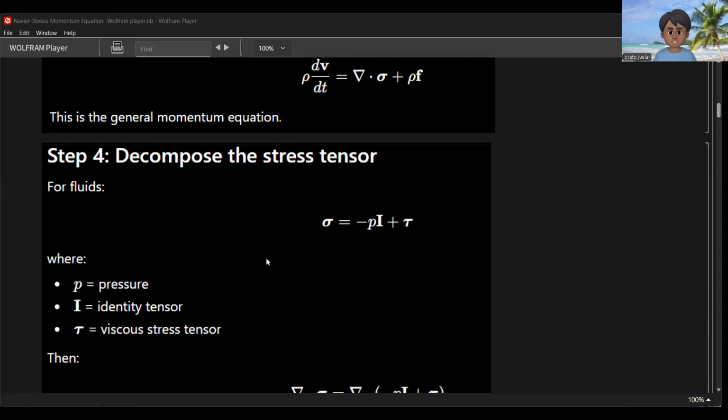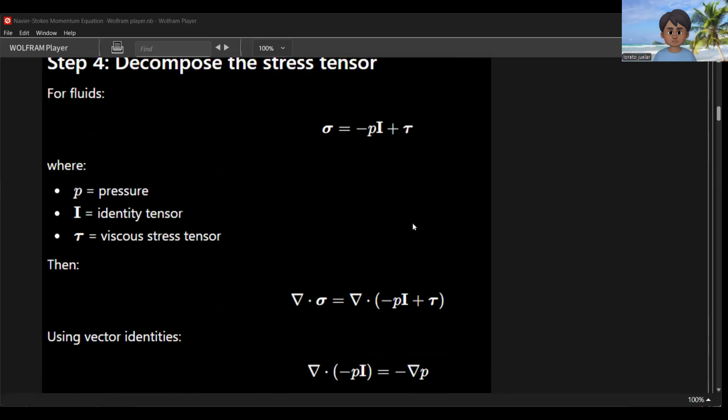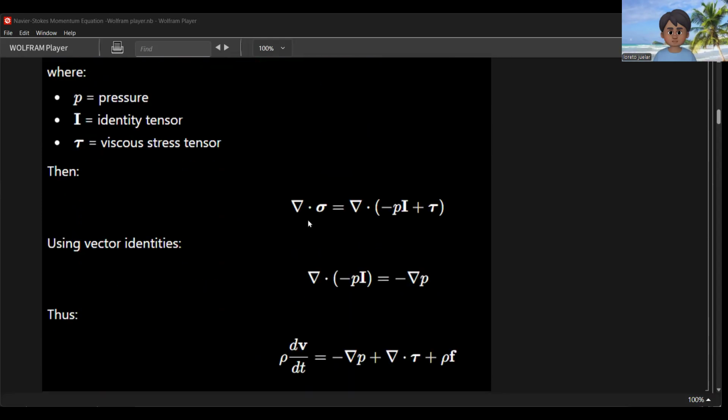Decompose the stress tensor for fluids: it equals the negative of the pressure times the identity tensor plus the viscous stress tensor. Then by substitution, we have the divergence of the stress tensor.